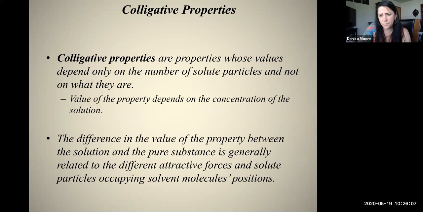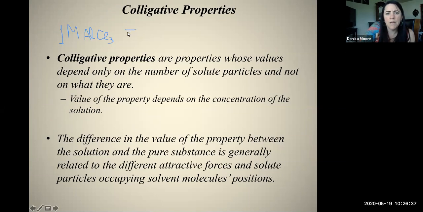This is super important. So if you guys don't understand what I'm saying, we should talk about it. How about I give you a little example? If we had, let's say, a 1 molar solution of aluminum chloride, what would the molarity of ions be?